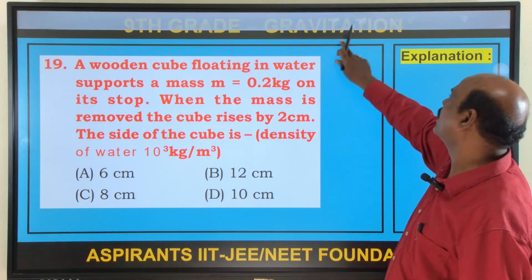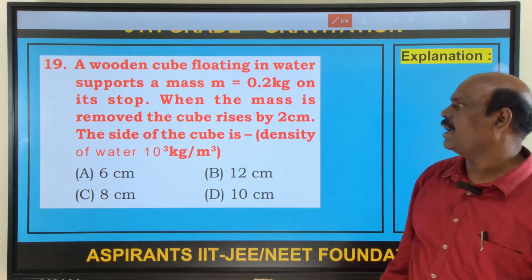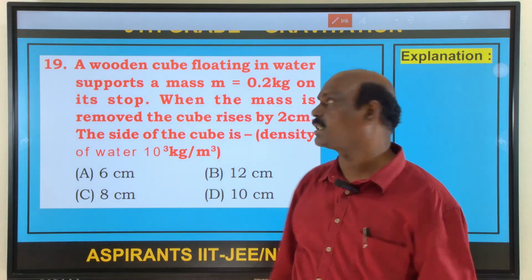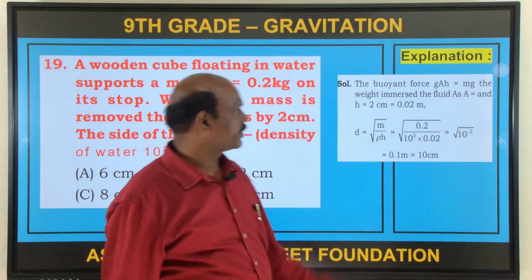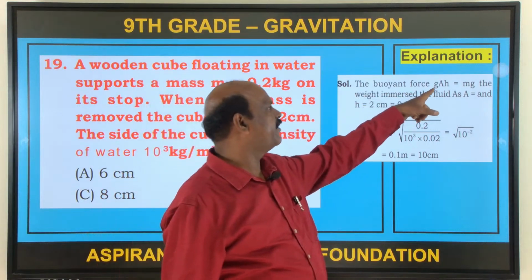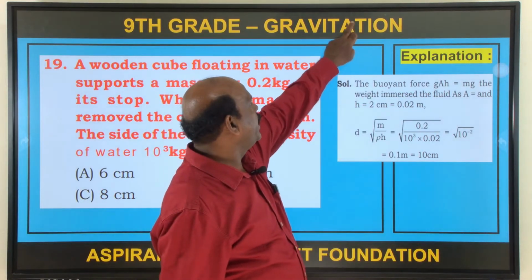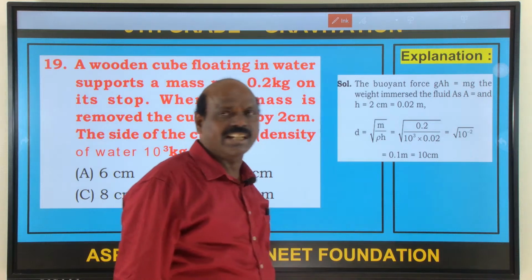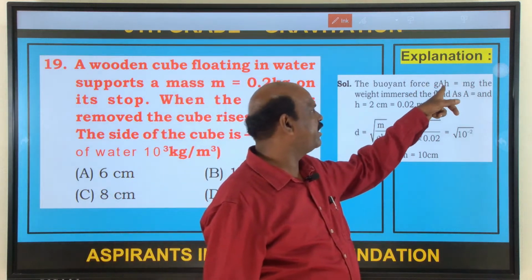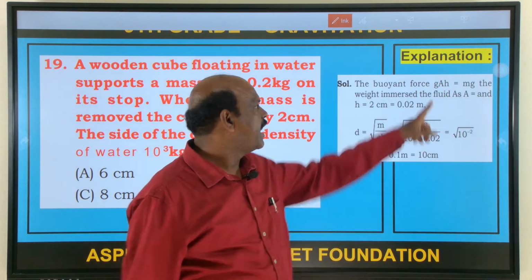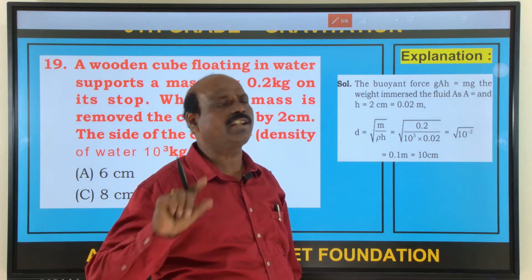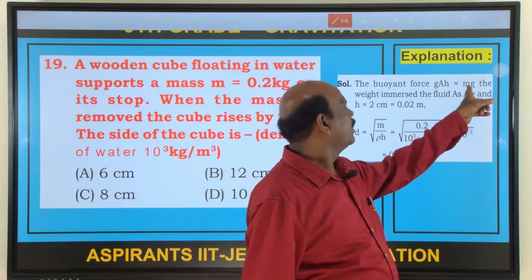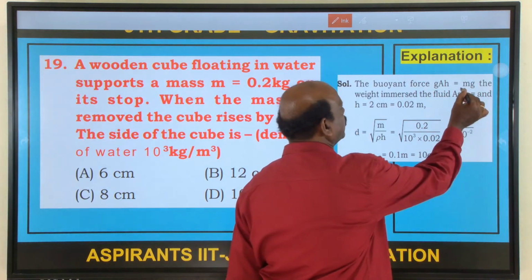Let us see what the formula is. We know that a body floating has some buoyant force. The buoyant force is given by rho g A h, where g is the acceleration due to gravity, A is the area of the object, and h is the depth immersed, which is equal to mass into gravity.